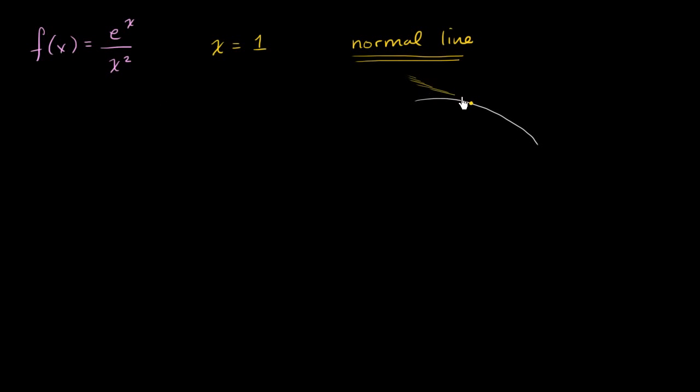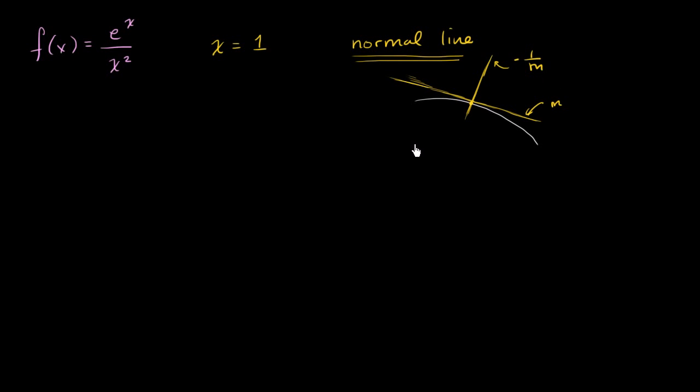So the tangent line is going to look like this. A normal line is perpendicular to the tangent line. So this is the tangent line. The normal line is going to be perpendicular to that. It's going to go just like that. And if this has a slope of m, then this has a slope of the negative reciprocal of m. So negative 1 over m.